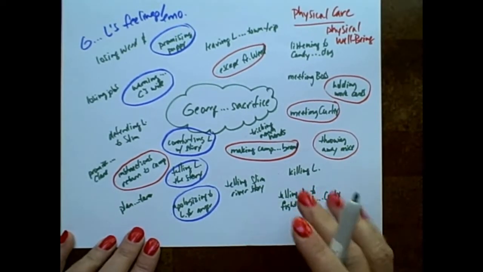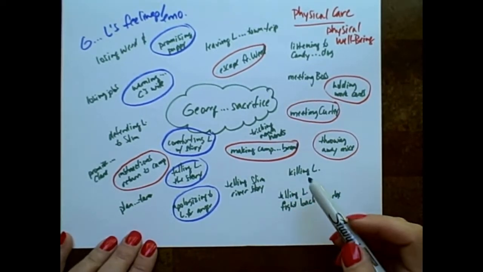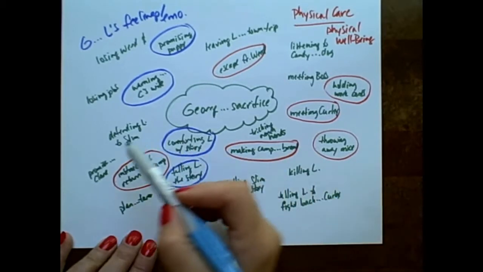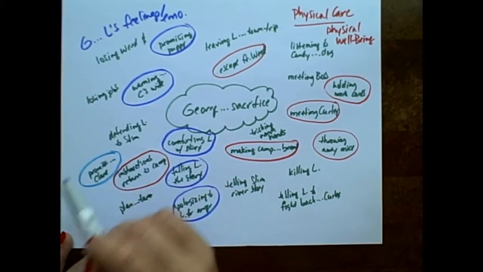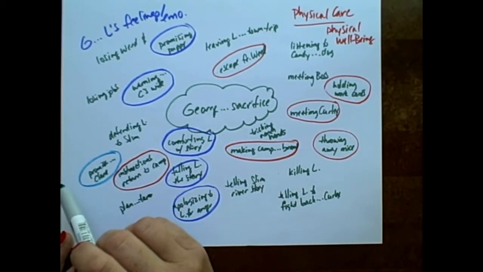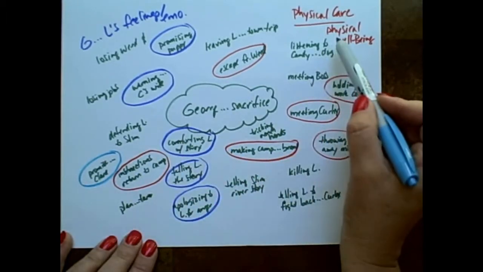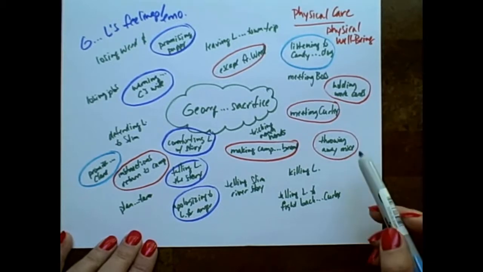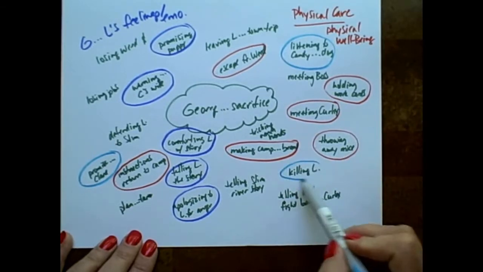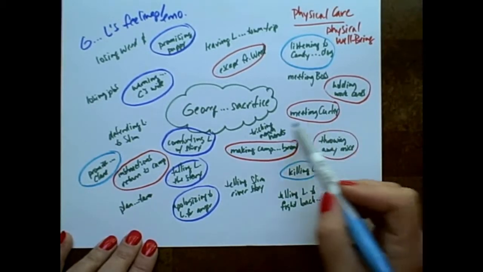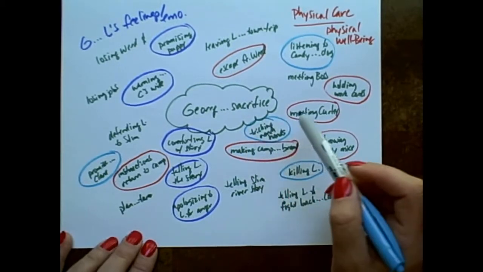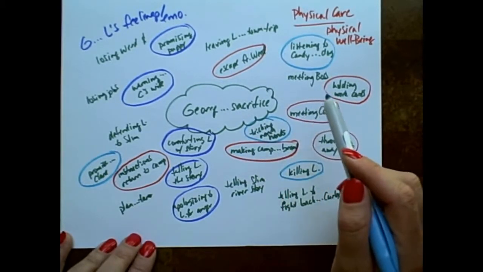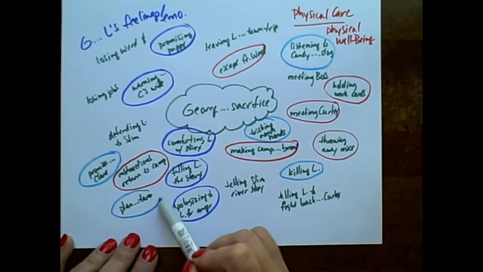Now let's see if I can do something with the rest of these. Promising Aunt Clara that he'd look after Lenny. Listening to Candy about his dog. Killing Lenny. Shooting him. Tricking the ranch hands. Making a plan to buy the farm.